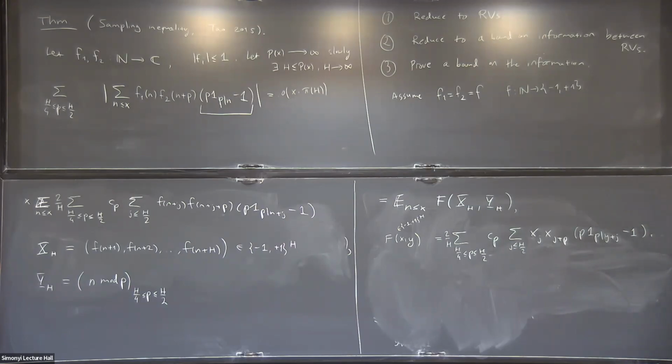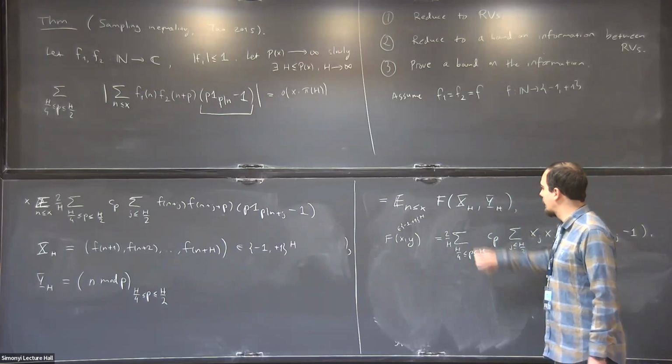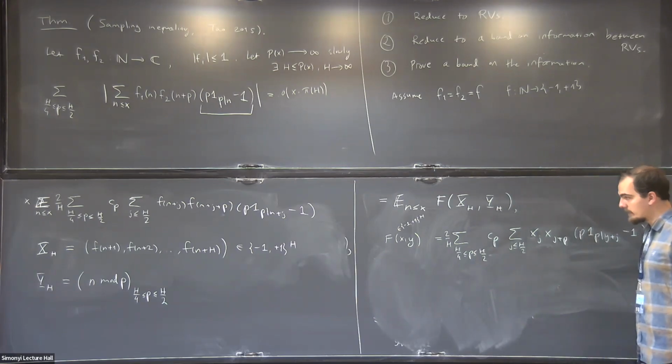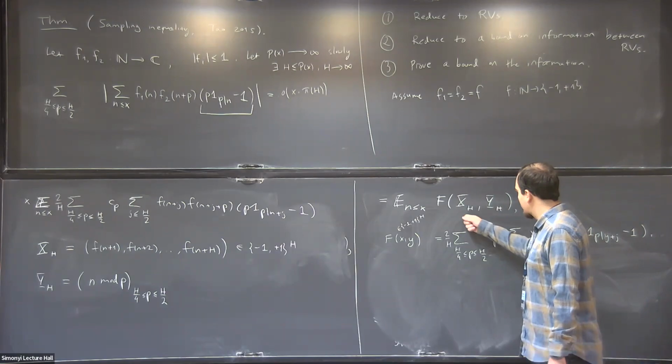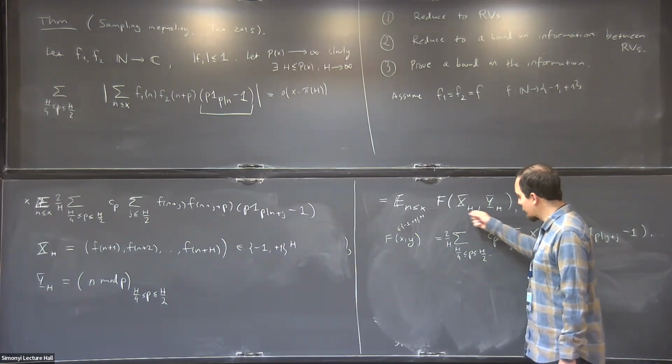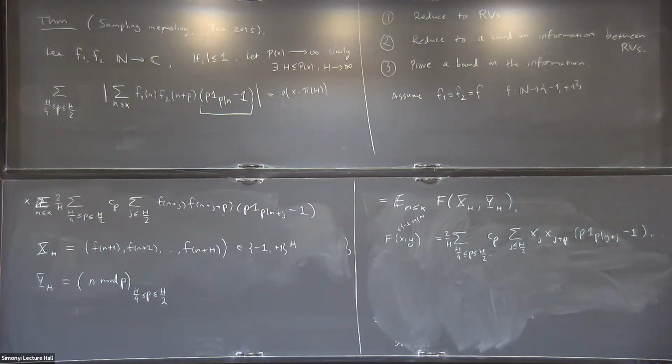So we've reduced the problem to understanding two random variables, which we believe to be independent. If these were generally independent, then you should be able to show that this is small, but we cannot show that these are generally independent.